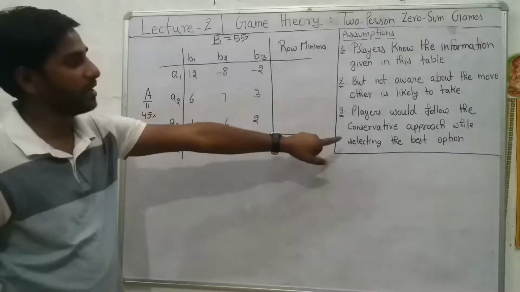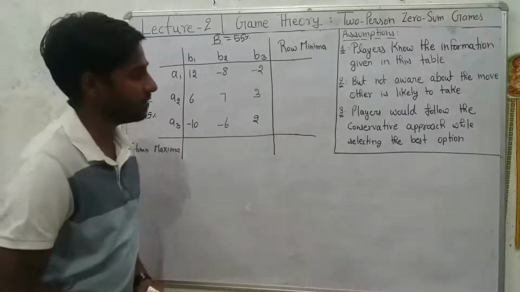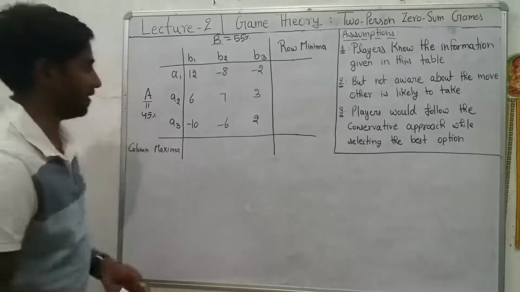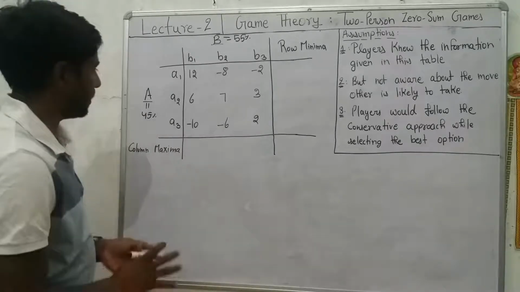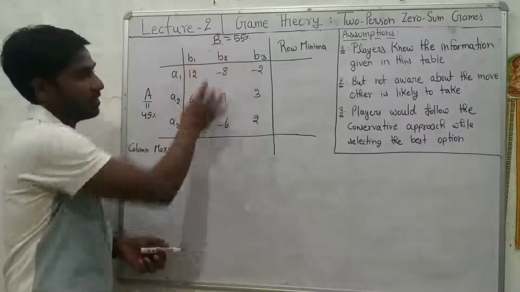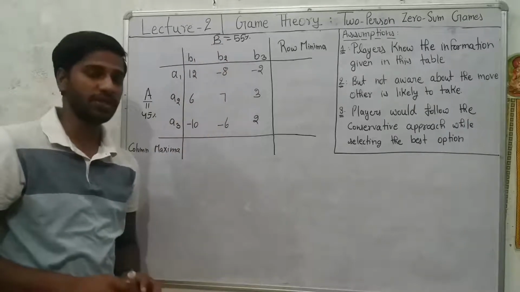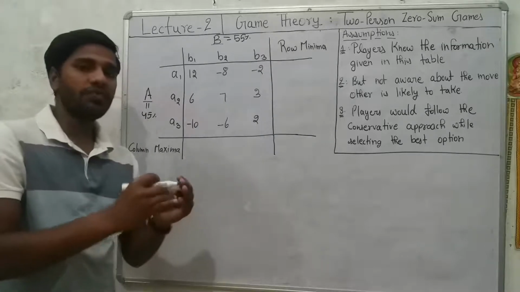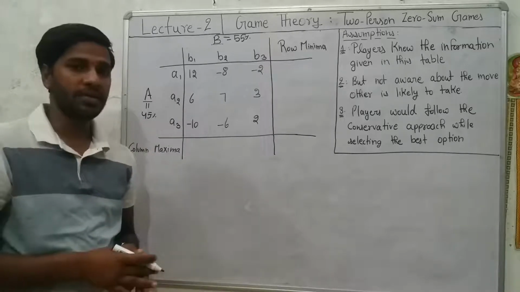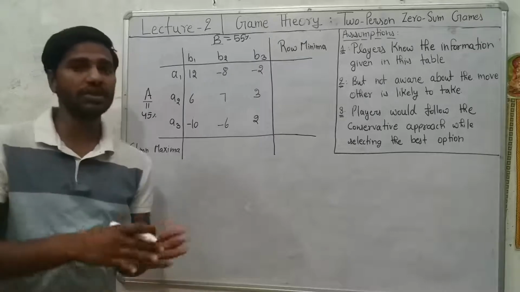What is the third assumption? That players would follow the conservative approach. It is the most important part of this illustration: players A and B are going to adopt a conservative approach. What does it mean? It means that they would not focus on profit maximization. Instead, they would focus on risk minimization.